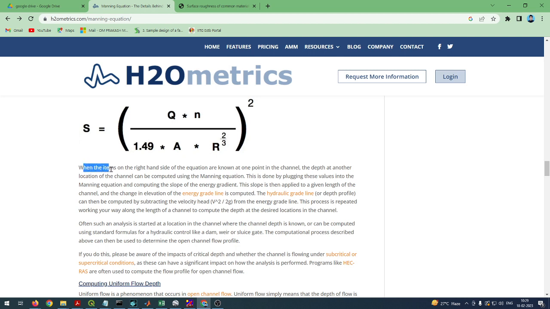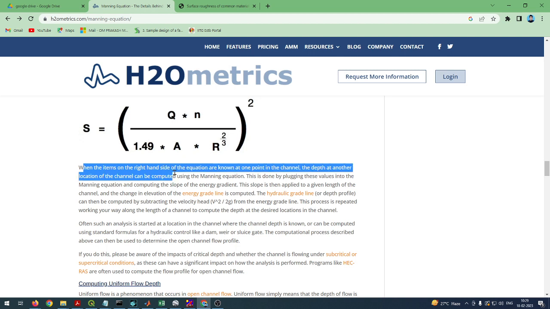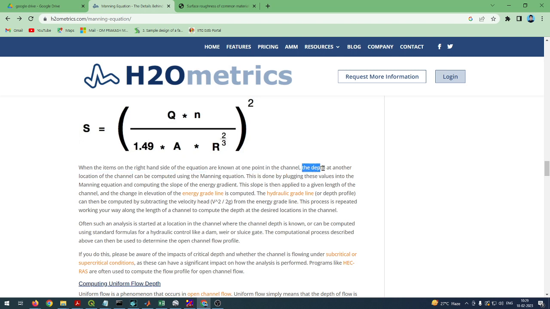When the items on the right hand side of the equation are known at a point of the channel, the depth at another location of the channel can be computed using the Manning equation.